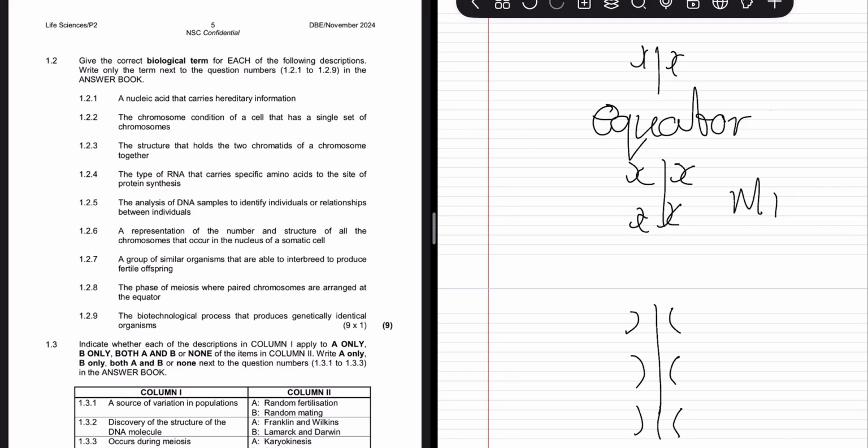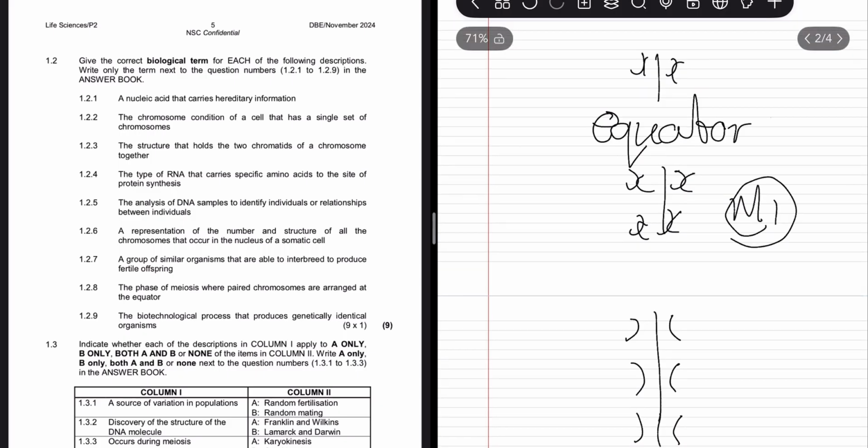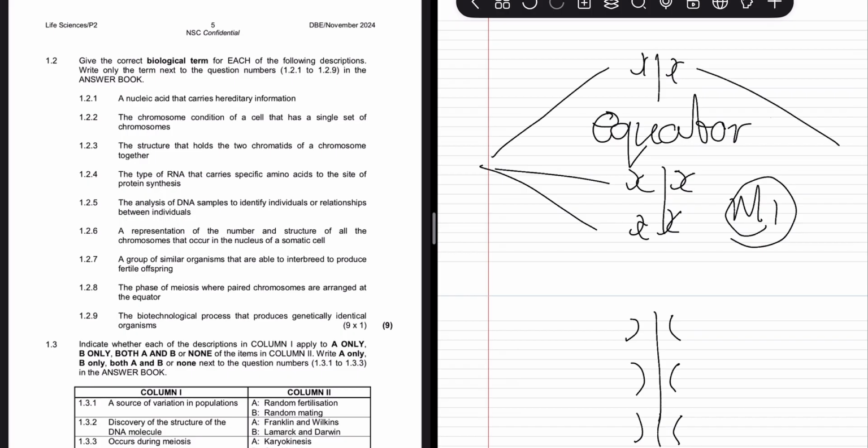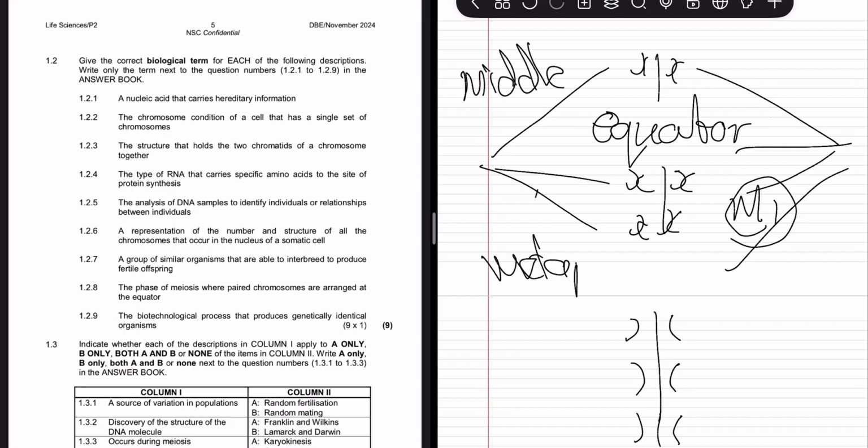Then in meiosis 1, we still have a few phases, right? So we know just after this, it gets pulled to the 2 poles. But when it's in the equator, it's an M because it's in the middle. So that would be metaphase. All right. So basically, we are saying we are in metaphase 1.